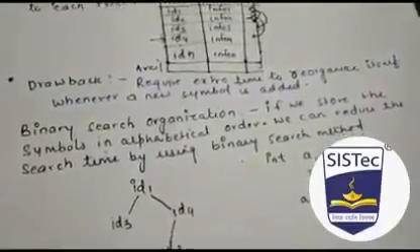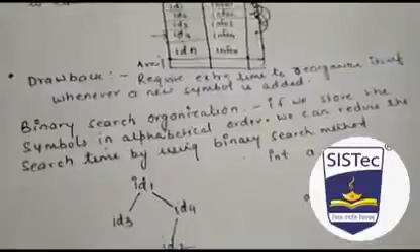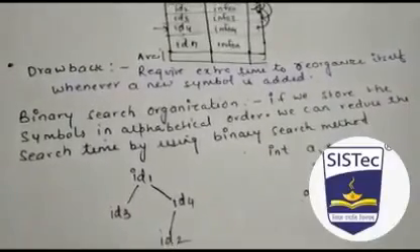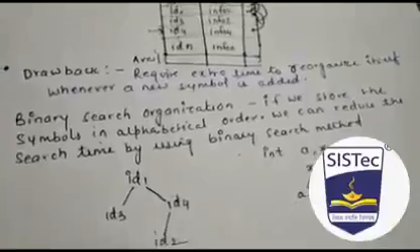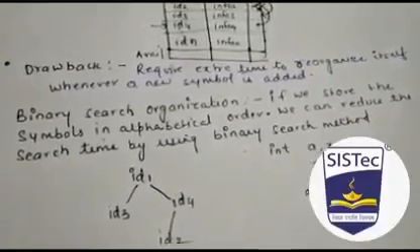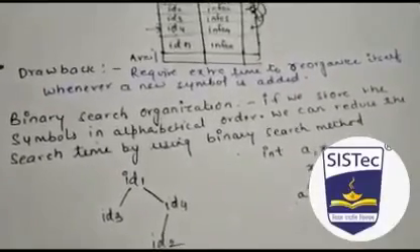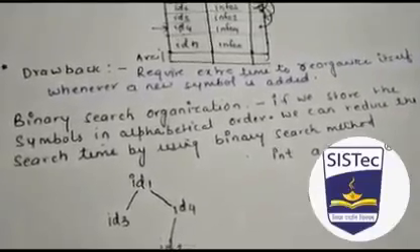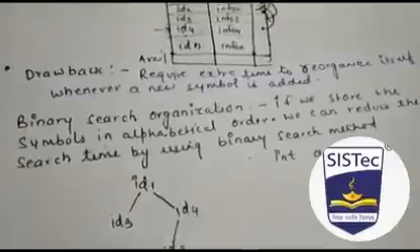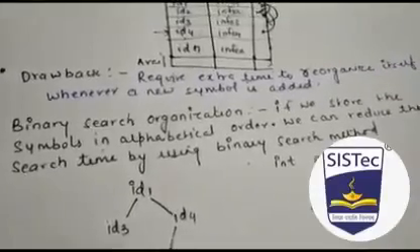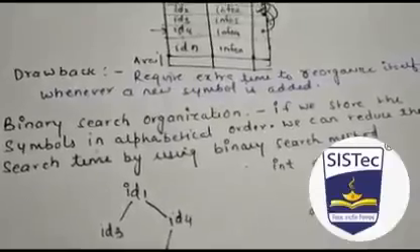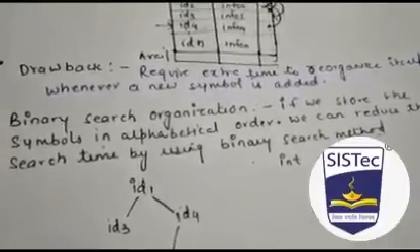Next method is binary search organization. If we store the symbols in alphabetical order, we can reduce the search time by using the binary search method. In this method, the table is successively divided into two subtables. This division into two subtables is achieved by comparing the incoming symbol with the middle entry of the table.